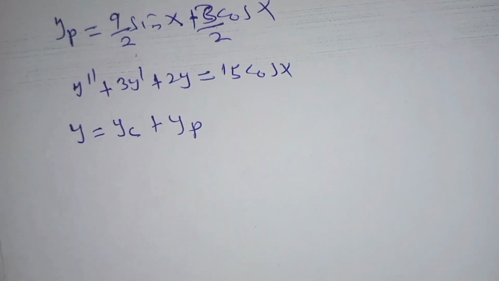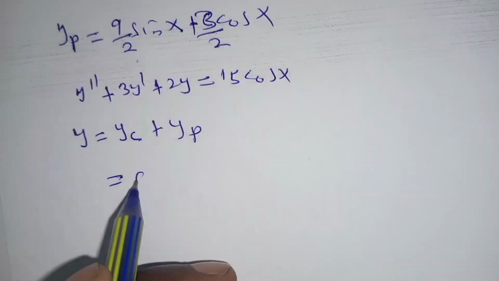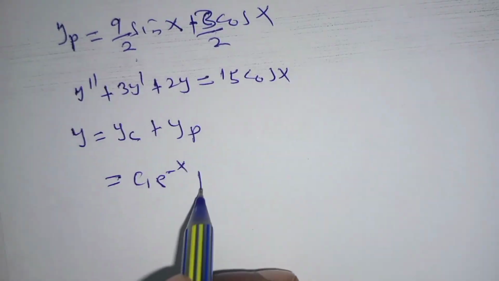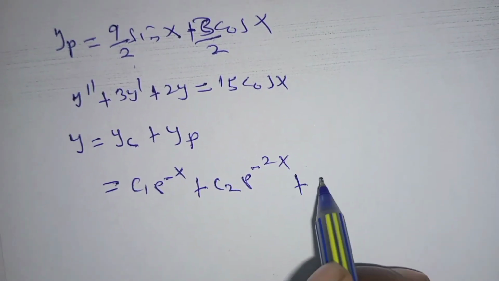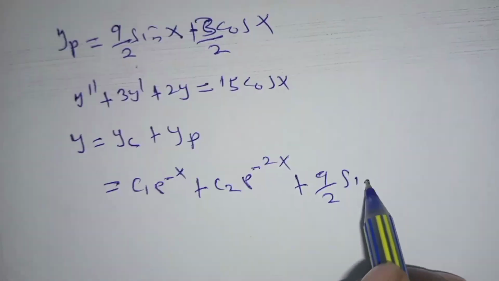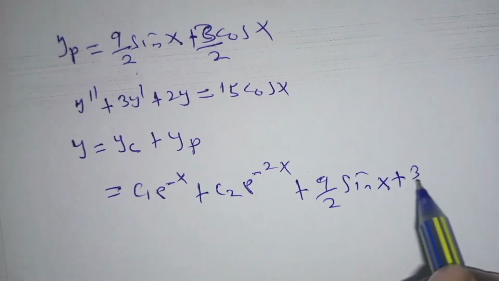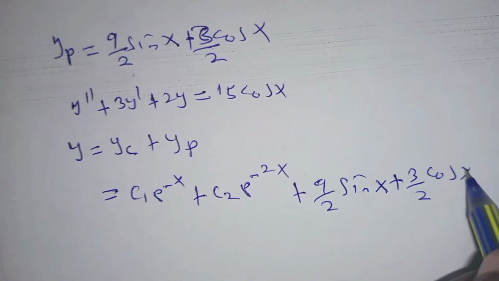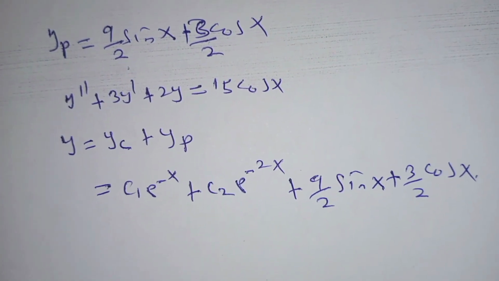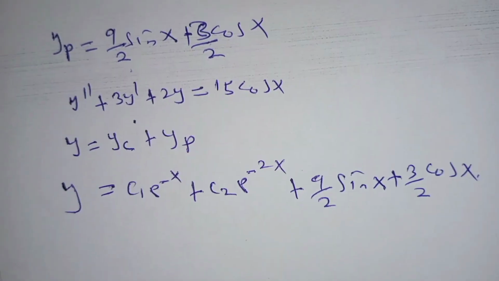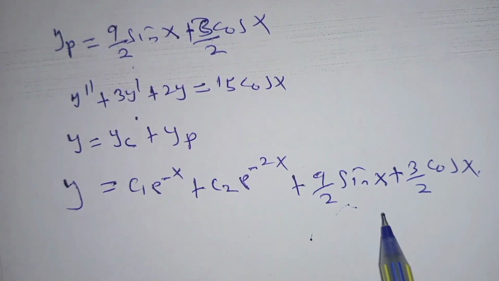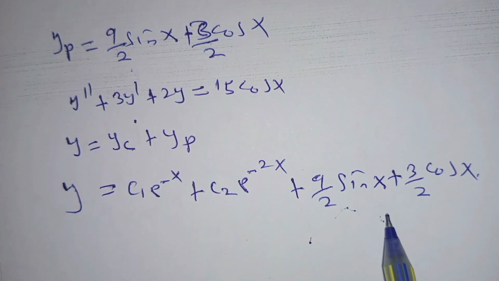So we substitute, which is equal to C1 e^(-x) plus C2 e^(-2x) plus 9 over 2 sine of x plus 3 over 2 cos of x. So that is our solution of our given ODE, by the method whereby we have obtained the particular part by the method of inverse D operator.